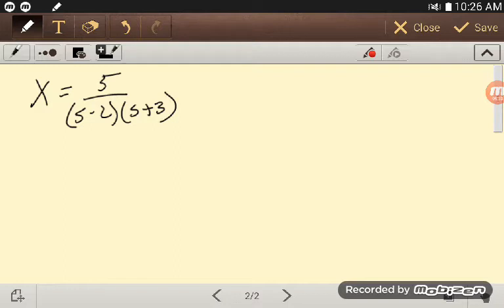What I recognize is that I can think of this as 5, that's just the constant, times 1 over s minus 2 and times 1 over s plus 3. We know how to do this.